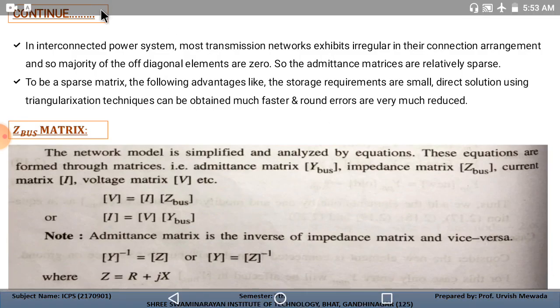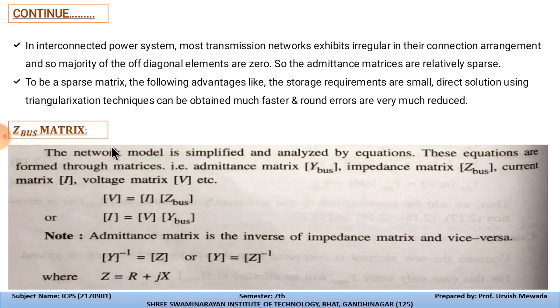So let us consider the Z bus matrix from the Y bus. We had the equation in the previous theory, that Y is equal to I by V. Now Z is equal to V upon I. So the network model is simplified and analyzed by the equation.